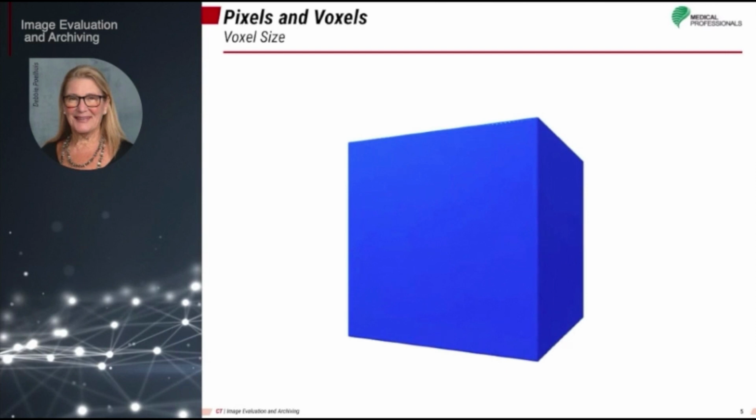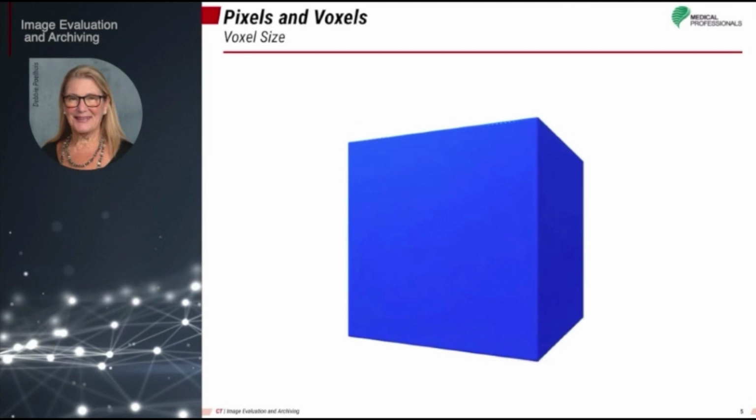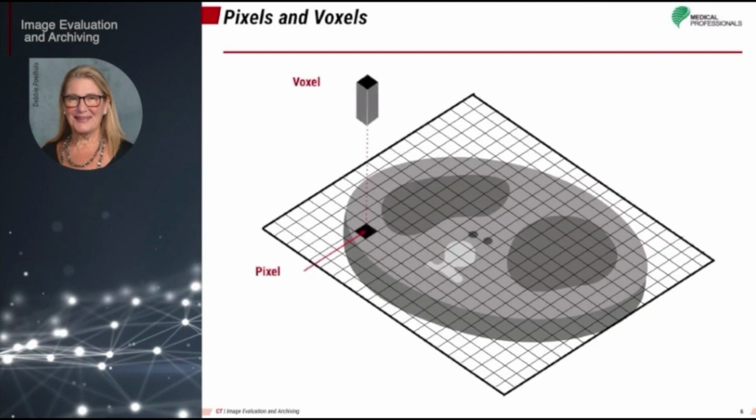Each voxel contains certain volumetric information, which helps to create a three-dimensional object. This slice shows us pixels and voxels in a CT scan image.